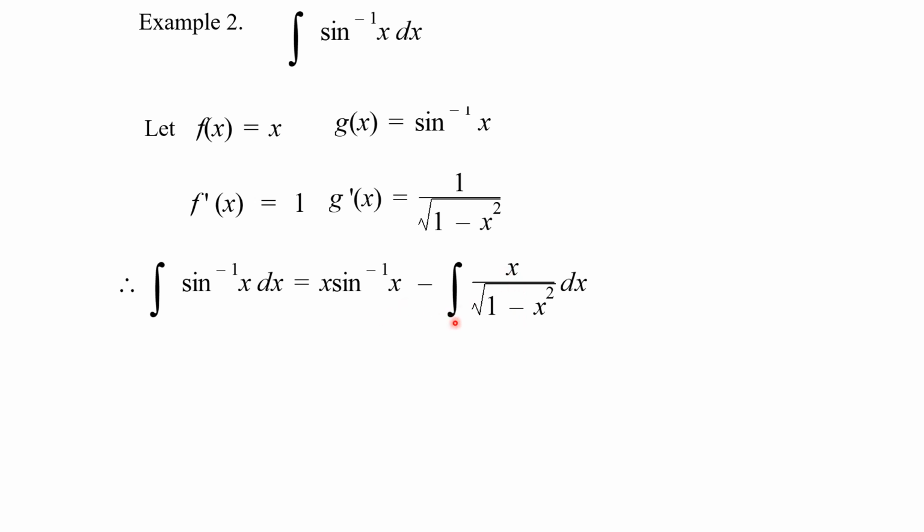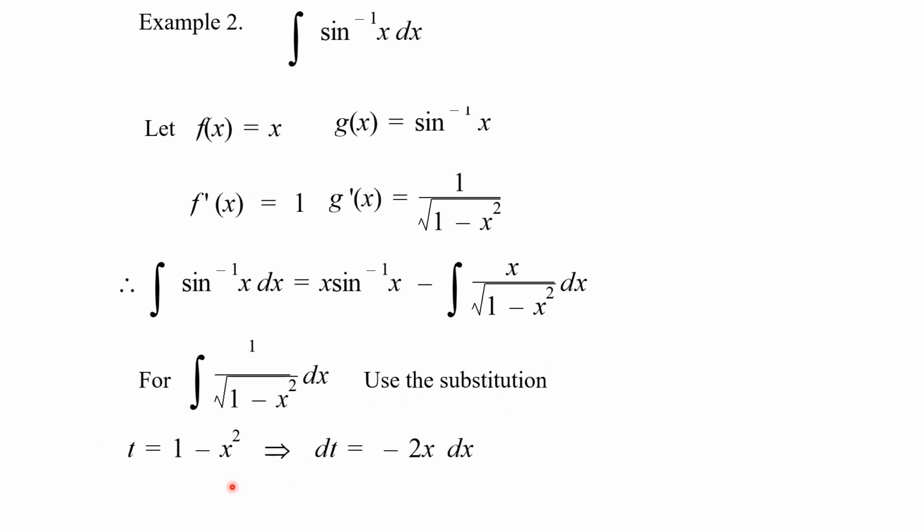So when you look at this part here, it doesn't require another layer of integration by parts, but you can solve it using the substitution method. So you can take u as 1 minus x squared. So recall back, you have learned substitution in semester 2. To integrate this part, I've used the term t here. It's similar to using u.